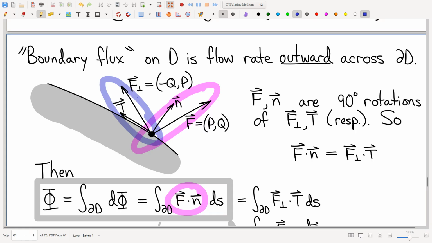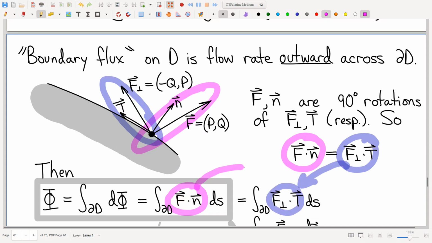Remember, dot product is the magnitude of the one times the magnitude of the other times the cosine of the angle in between. The magnitudes and angles didn't change. And so this purple dot product is equal to this blue dot product. Right? I can replace that purple dot product with the blue dot product.